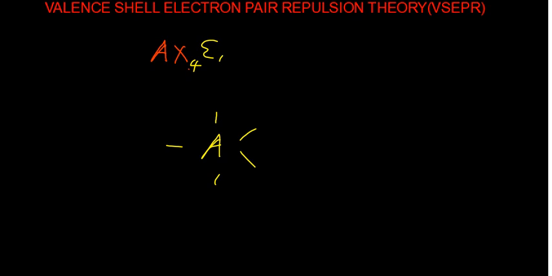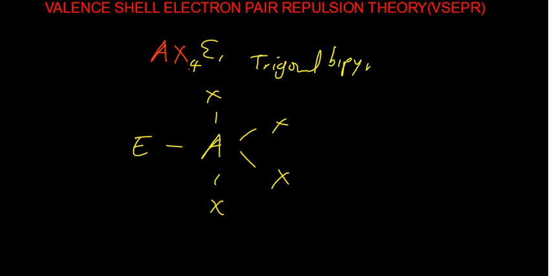Let's say this becomes a lone pair of electrons, and then this is still our X, this is still our X, this is still our X, and this is still our X. So what we can see is the domain geometry is still trigonal bipyramid. But the molecular geometry is not trigonal bipyramid. That is because when you are naming the molecular geometry, you don't include the lone pair of electrons like that.